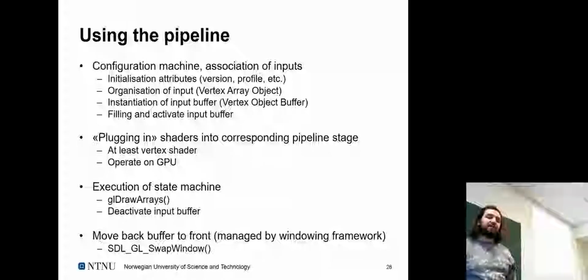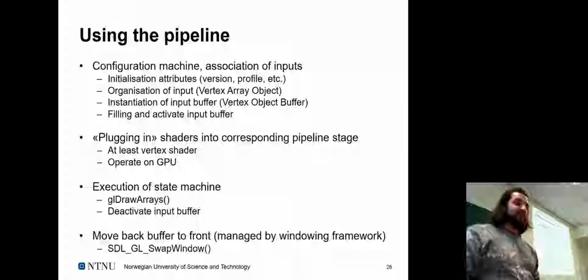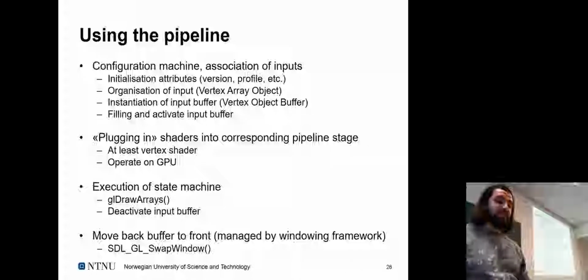To make the actual execution of displaying them on the screen, we use GL draw arrays, and when we don't use the buffer, we then deactivate it. And to swap whatever we discussed a few minutes ago, from the back buffer to the front buffer, we also have to do that ourselves manually, and I mentioned that this gives us the opportunity to control the frame rate and to control what is displayed and when.